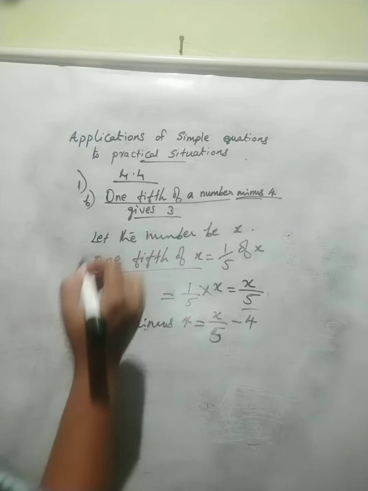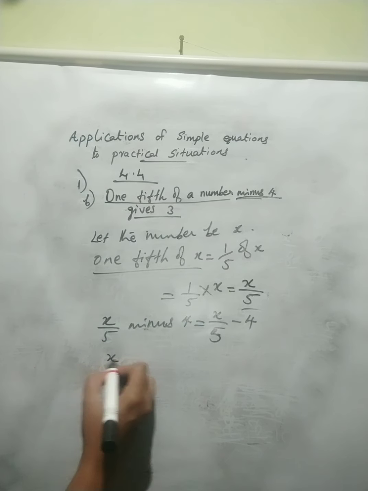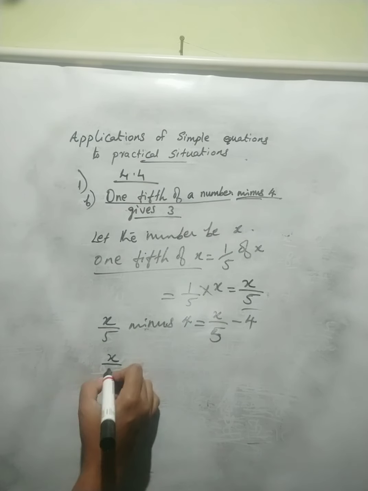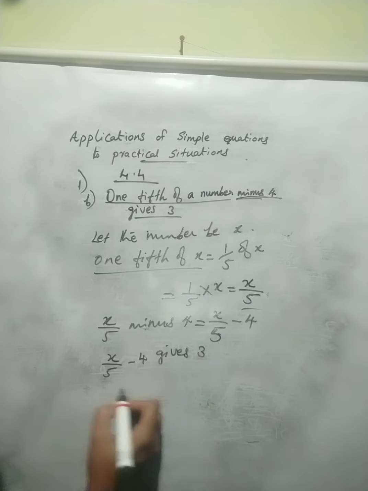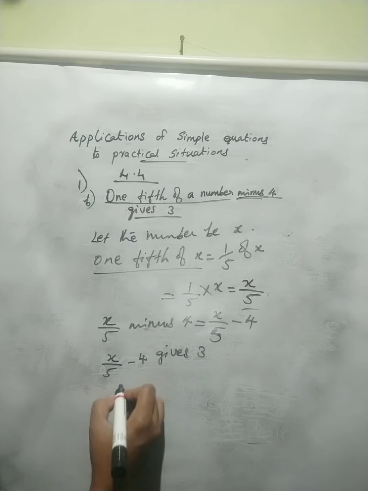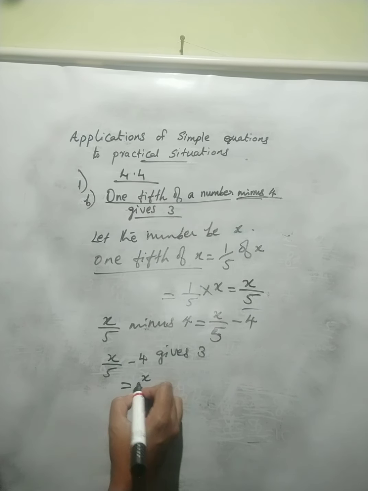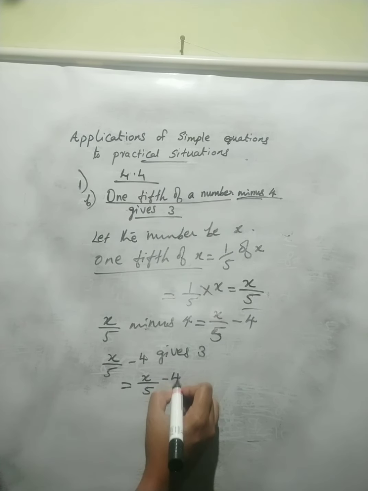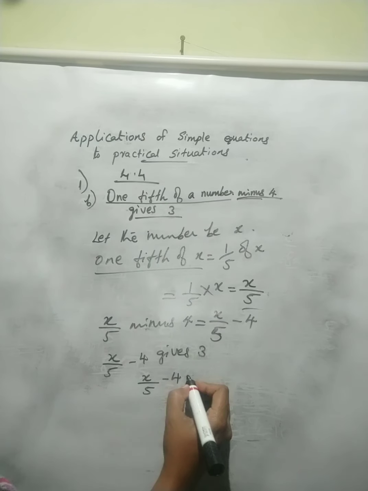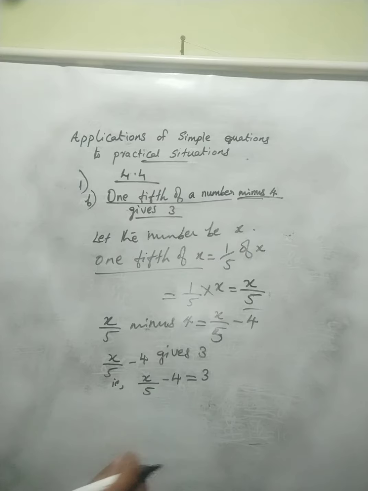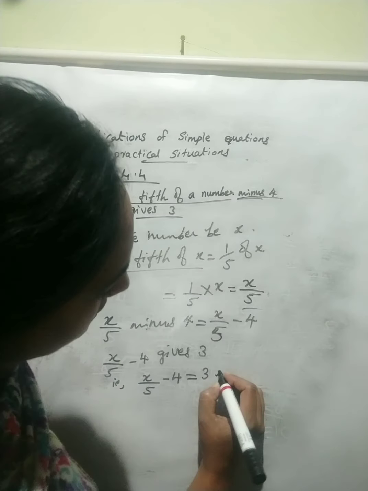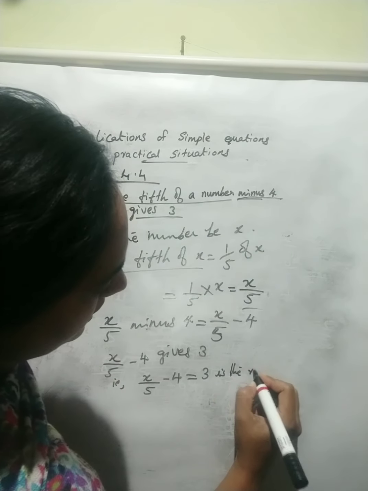Then gives 3. That is x on 5 minus 4 gives 3. How can we write? x by 5 minus 4 gives 3. This is the required equation.